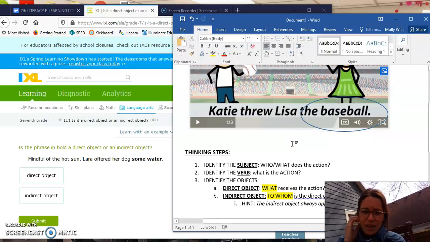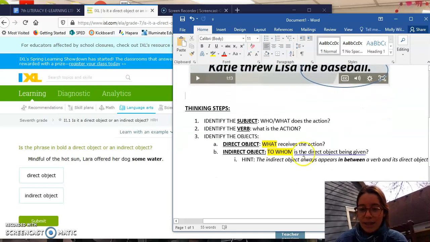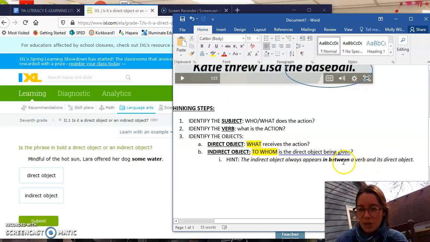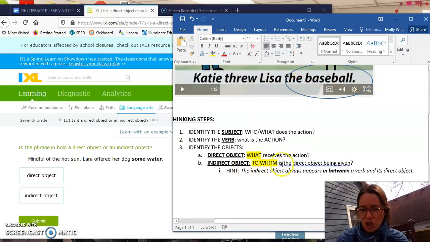And then the indirect object, here's how I find that. If nothing receives an action and there's no direct object, then there cannot be an indirect object. But the indirect object is always going to come in between the verb, which is threw, and its direct object, which is baseball. So the indirect object is to whom the direct object is being given. So Katie threw to whom the baseball?